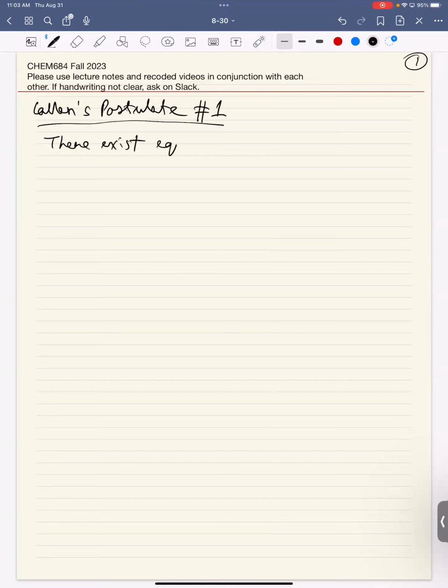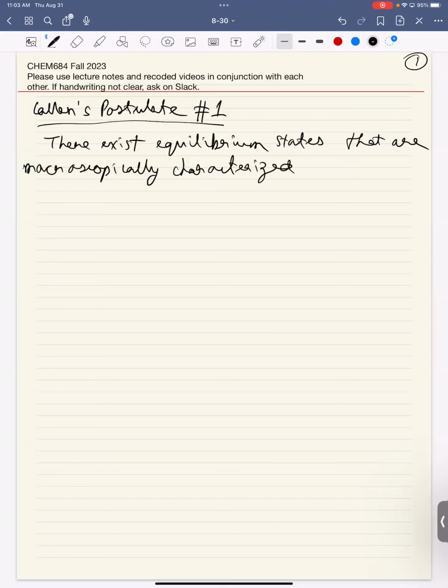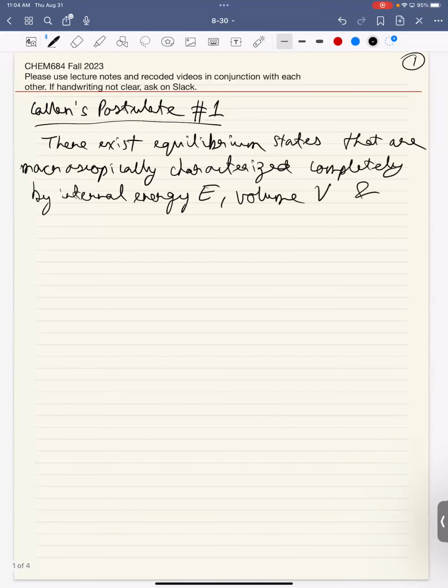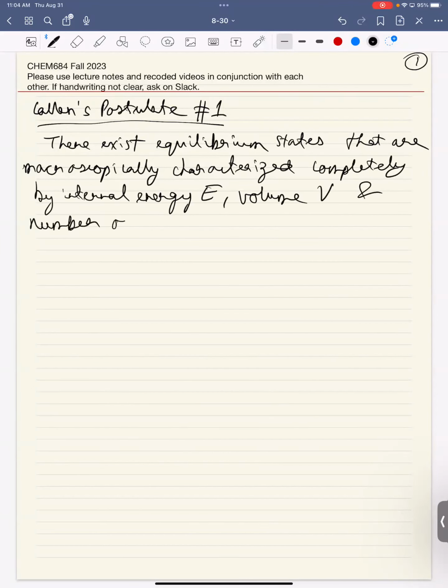exist equilibrium states that are macroscopically characterized completely by internal energy E, volume V, and number of particles N1, N2, N3, depending on if you have different types of particles.